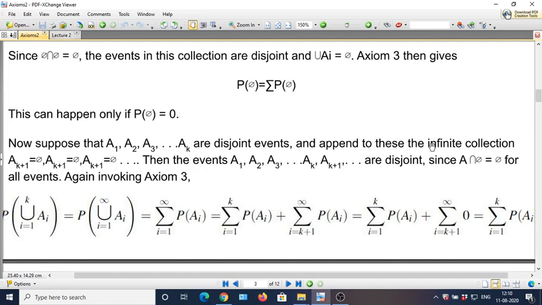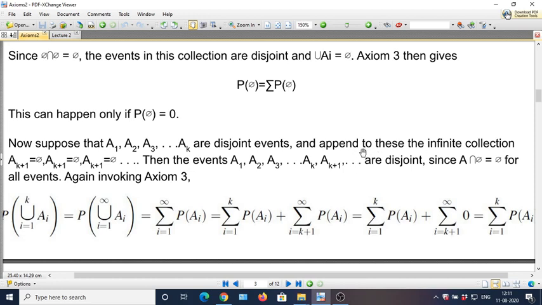That is, let A1 to Ak be disjoint events. To that we append an infinite collection of events Ak plus 1, Ak plus 2 and so on, which are all disjoint.